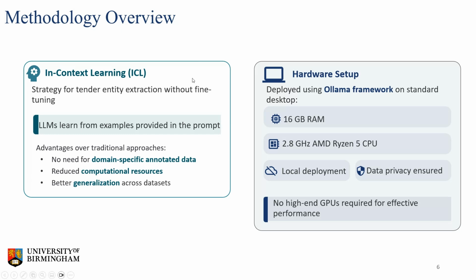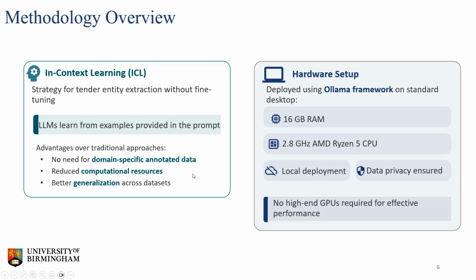As I said previously, we employed an in-context learning strategy for tender entity extraction across three environments: zero shot, one shot, and few shot. So the advantages of the ICL approach over the traditional approach, we do not need domain-specific annotated data to train the model.